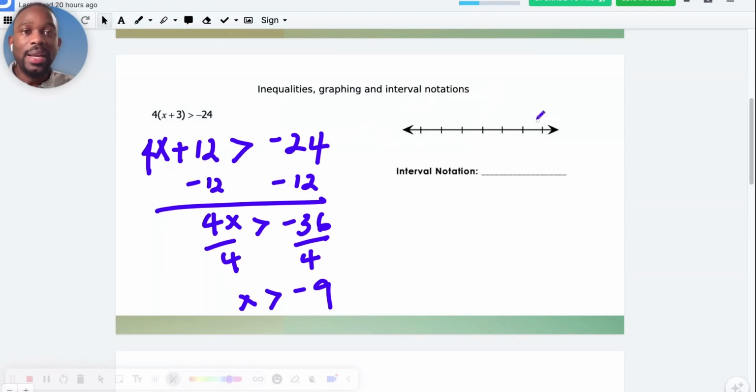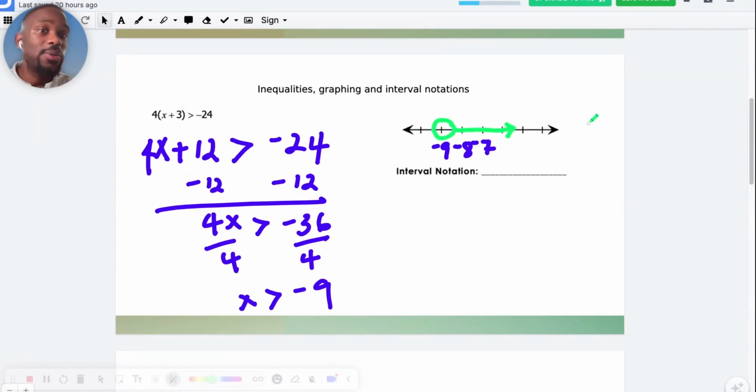On a number line, here I have negative 9, and because it's not greater or equal to, just greater than negative 9, we will use a circle like this, not full.